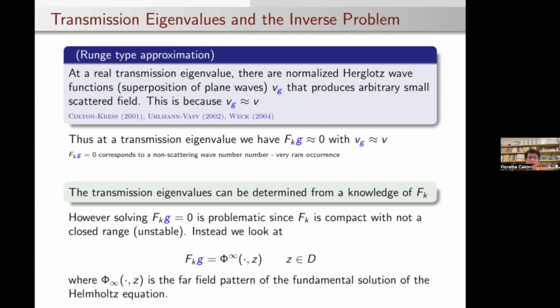It turns out that the link between the transmission eigenvalues and non-scattering wave numbers is made through this famous kind of analytic continuation result, known as Runge type approximation, which says that if you have this V that is the eigenfunction corresponding to the equation of the background, then you can approximate it arbitrarily close by a physical incident field, namely Herglotz wave functions or potentials and so on.